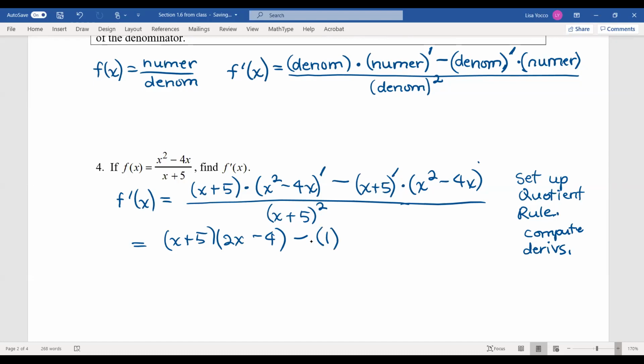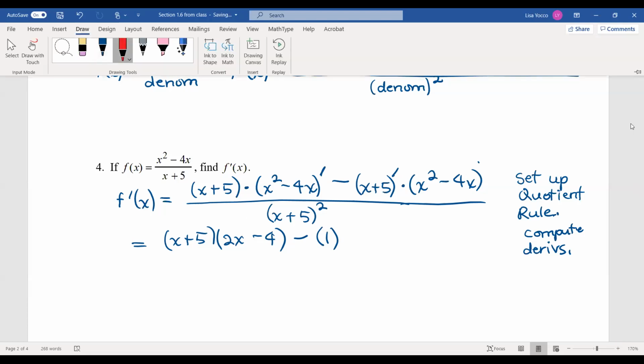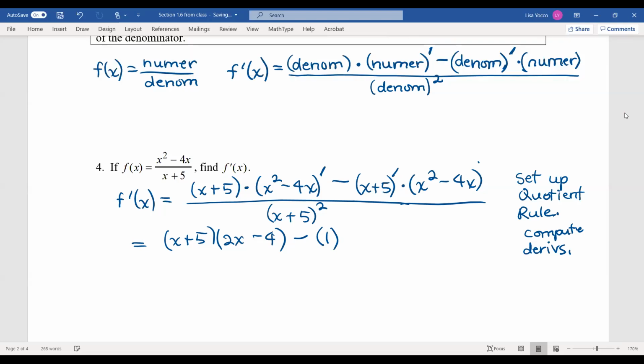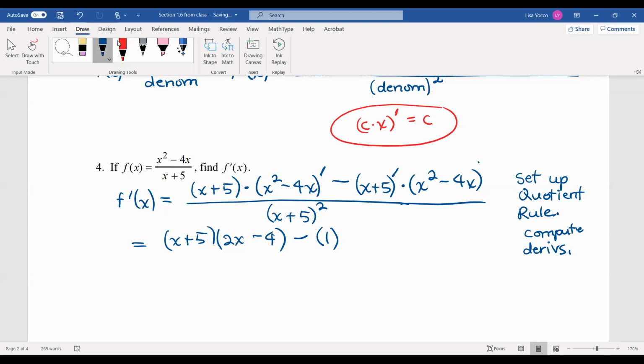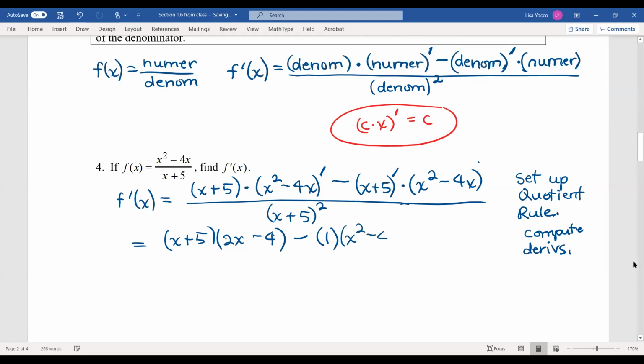And remember that sort of shortcut we talked about last time. Once you do some of this, you realize there's a shorter way: the derivative of a constant times x is just the constant. All right. So that's 1 times the x squared minus 4x, and still all over denominator squared.